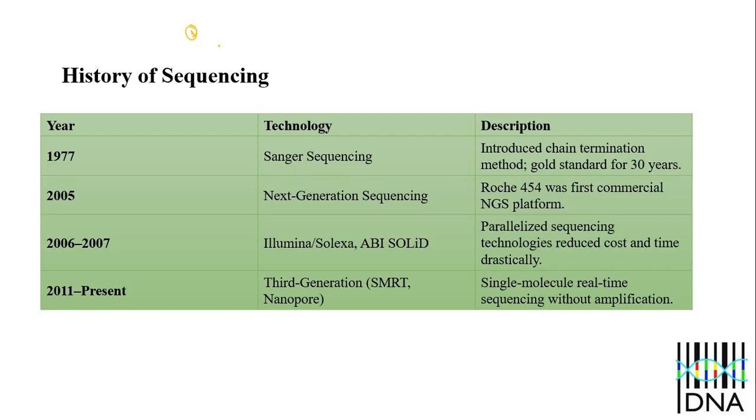First, alanine tRNA was sequenced by Robert Holley in 1965, and the sequence of alanine tRNA is 77 nucleotides.